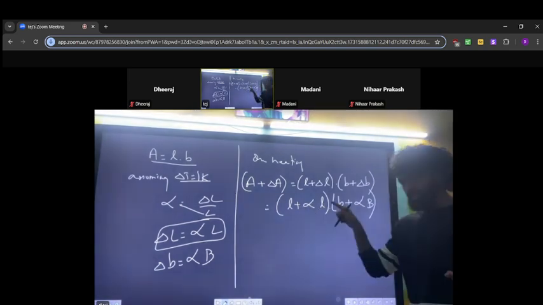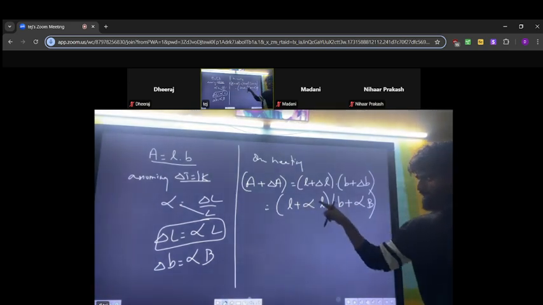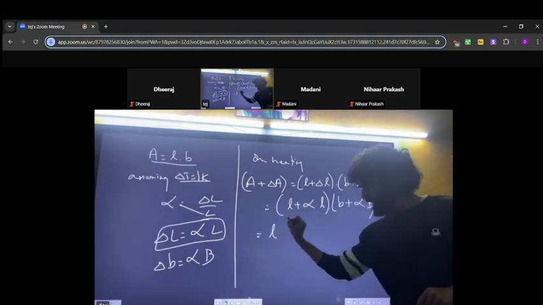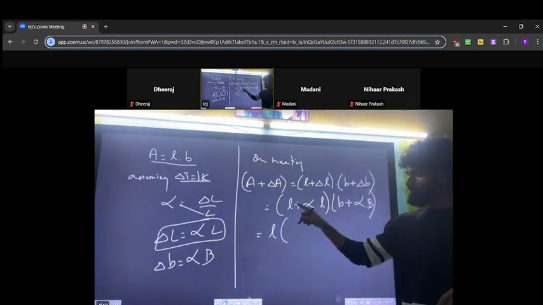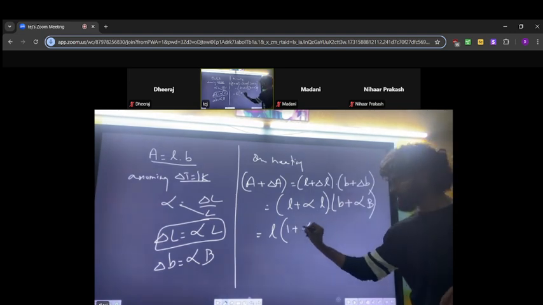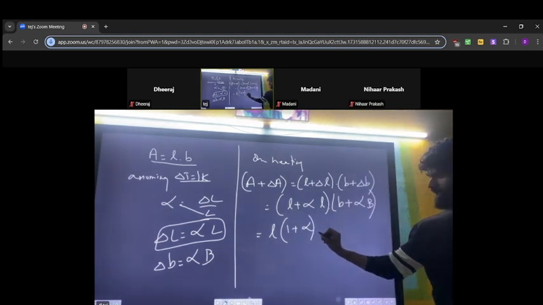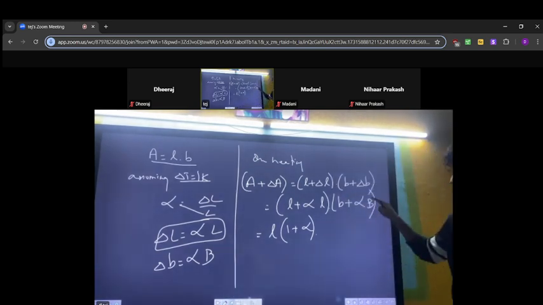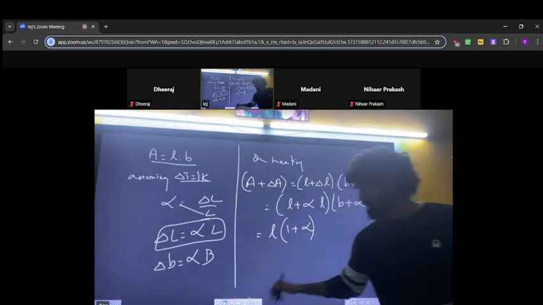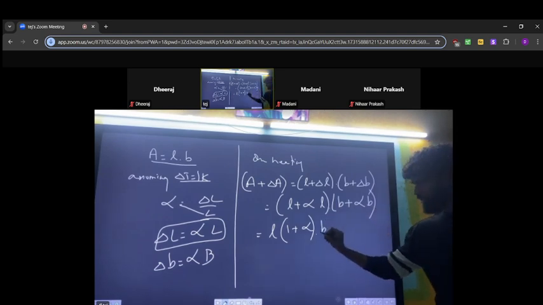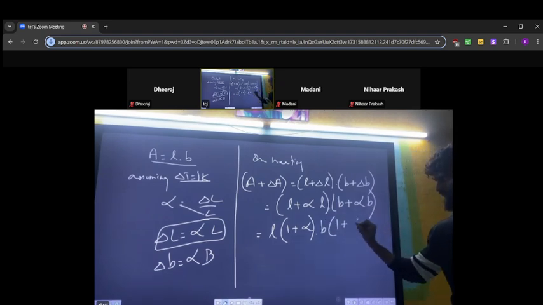In the first bracket, I can see two parts. And in both the parts, I get something common, which is L. So we write equal to, put L, take it as common. After taking L as common, 1 will remain initially, plus alpha will remain. Similarly, in the second bracket, there are two parts. One mistake, I should write lowercase b there. In the second bracket, I can find B common. So take B common, what is remaining? 1 plus alpha is remaining.